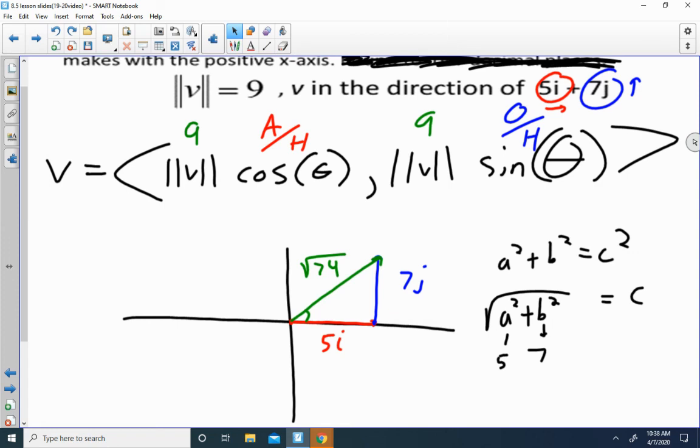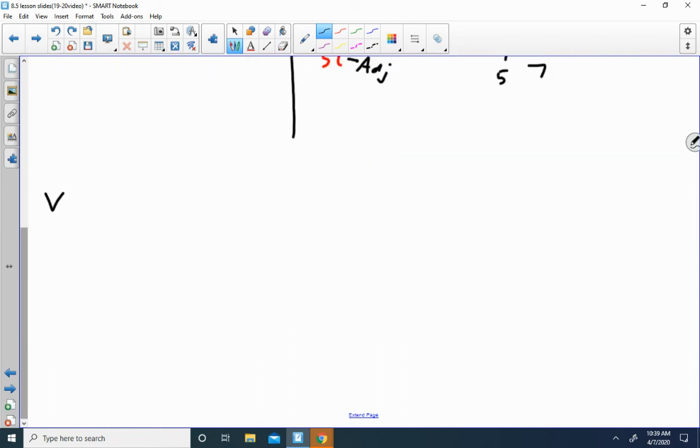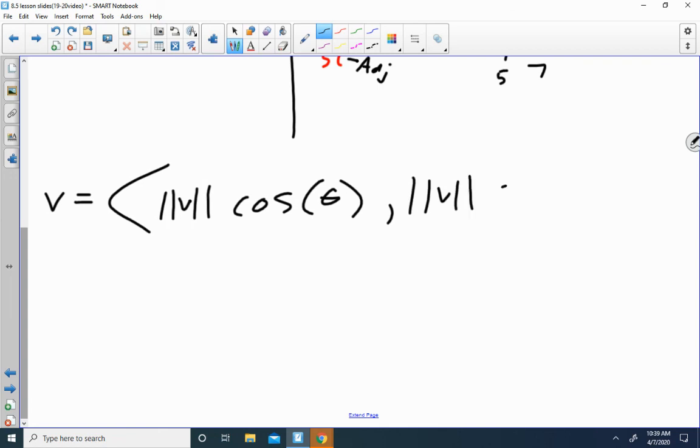So, we now have all 3 sides of our triangle. And let's put our angle right here, which makes this the opposite. This is the adjacent, and this is the hypotenuse. All right, so we have everything we need. Let's get that formula back up. So to find the component form, magnitude times cosine, comma, magnitude times sine.